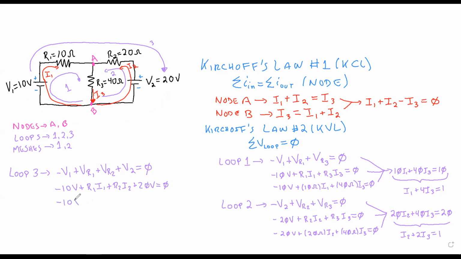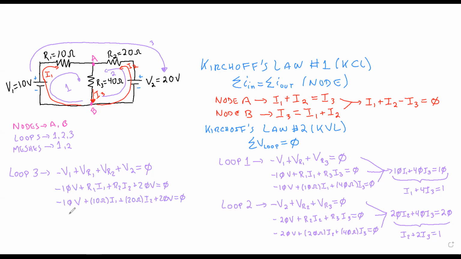Minus 10 volts plus 10 ohms I1 plus 20 ohms I2 plus 20 volts equals 0.